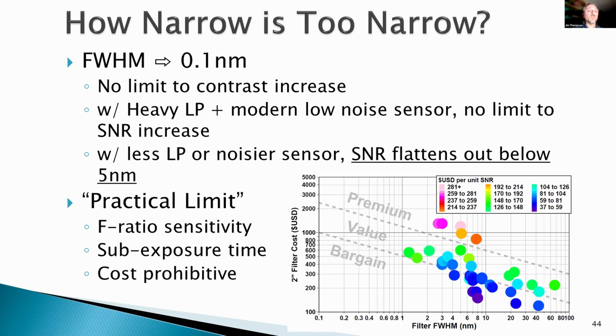And a 0.1 nanometer filter should be between $2,500 and $3,500. Perhaps a few super serious amateur astronomers would be willing to pay that much for a filter, but I imagine most people would say that is too expensive.